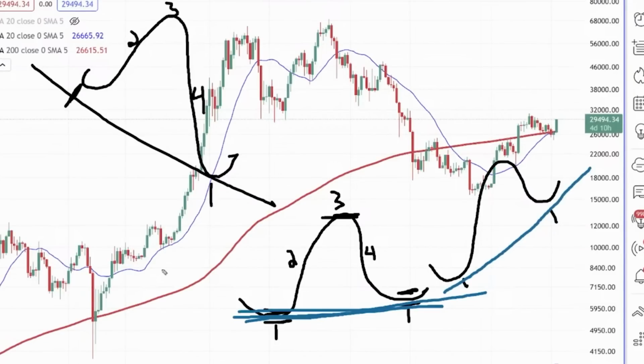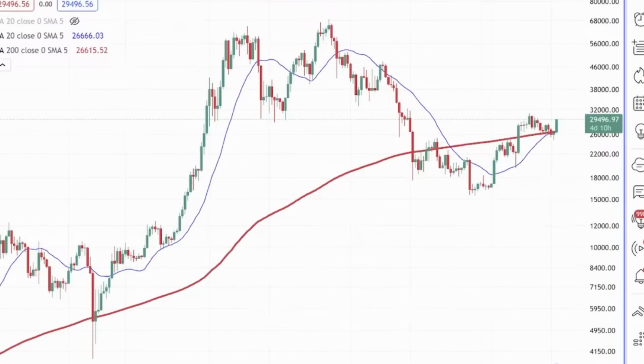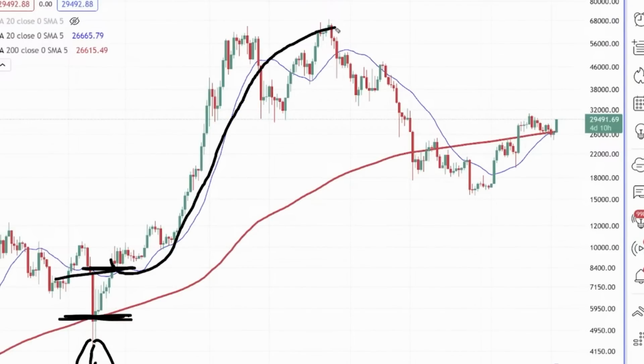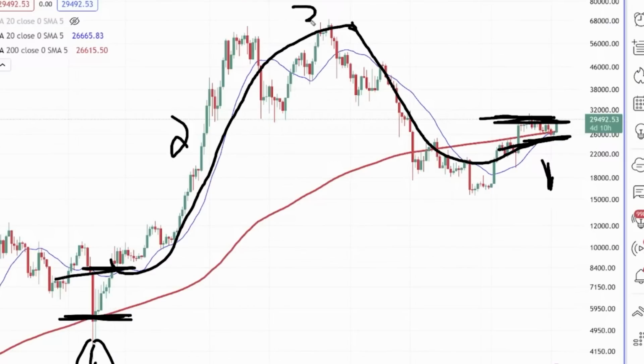Yes? Okay? So if we look at this Bitcoin chart, longer term chart here, you've got 1, to 1, 1, 2, 3, 4, 1 again, and 2 should be next, right?